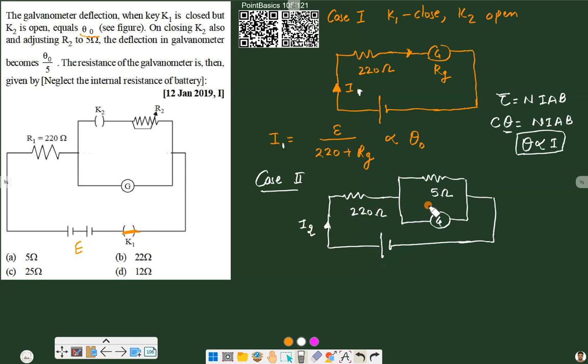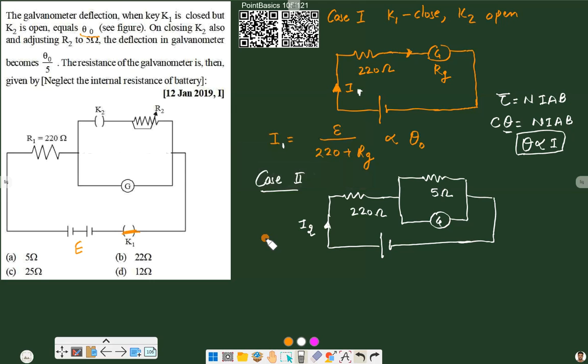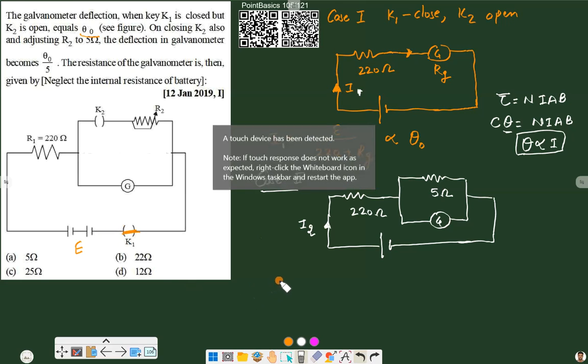To find the total resistance, we know this 5 ohm and this galvanometer are in parallel. Suppose, as already mentioned, the resistance of the galvanometer is Rg. It means Rg and 5 ohm are in parallel, so first we have to find their parallel resistance.